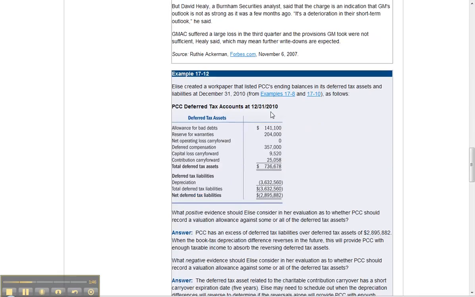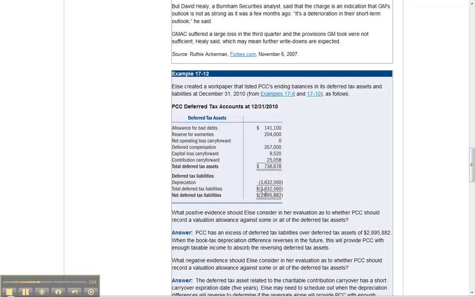This example right here pulls together the deferred tax analysis in one spot. Remember, we did an analysis of deferred tax liabilities first, we looked at depreciation and the deferred tax liability at the end of the year of $3.632 million that was calculated. And then we also later looked at the future deductible temporary differences that would produce a deferred tax asset of 736 at the end of the year.